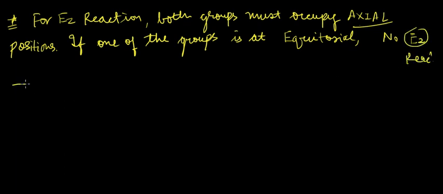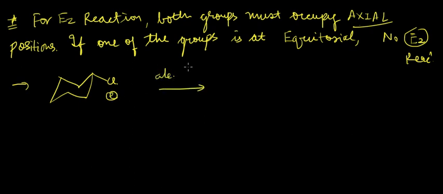Okay, so as in this case, if Cl occupies the equatorial position, this is the equatorial position, and we react it with alcoholic KOH in presence of heat, what will happen is we won't be having any reaction.